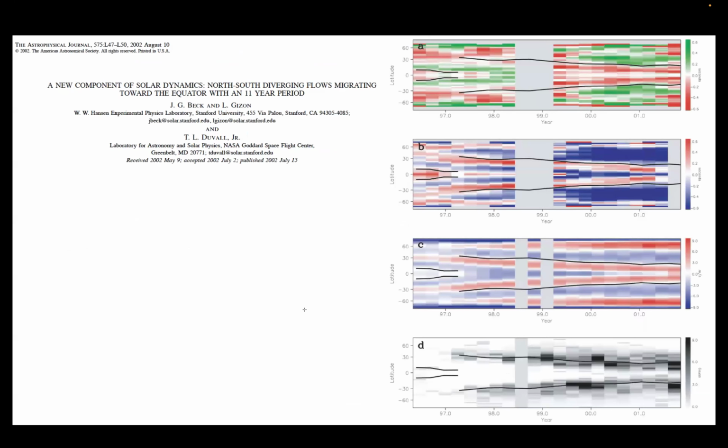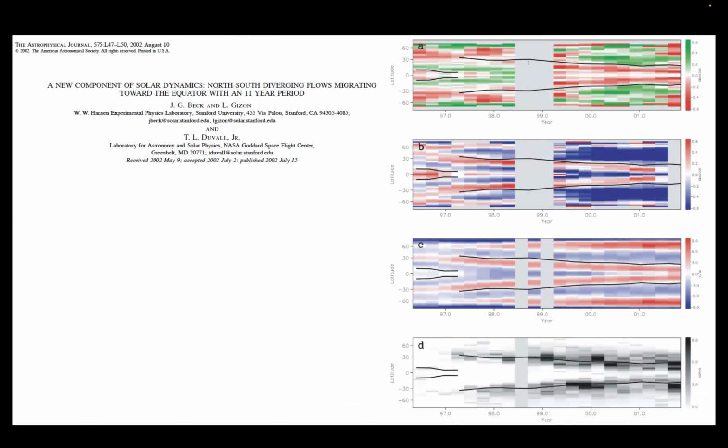Now let me point out that early on in 2002, John Beck, Laurent Gizon, and Tom Duvall also found what I just explained in the previous slides. These are maps from time-distance helioseismology. On the top is the residual meridional flow at a deeper layer, at about 60 megameters, near the base of, even deeper than, the near surface shear layer.